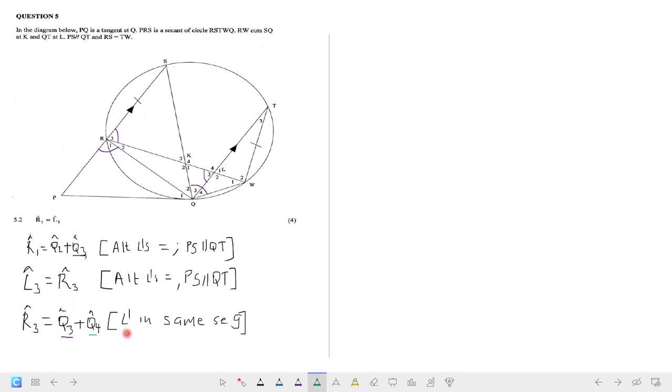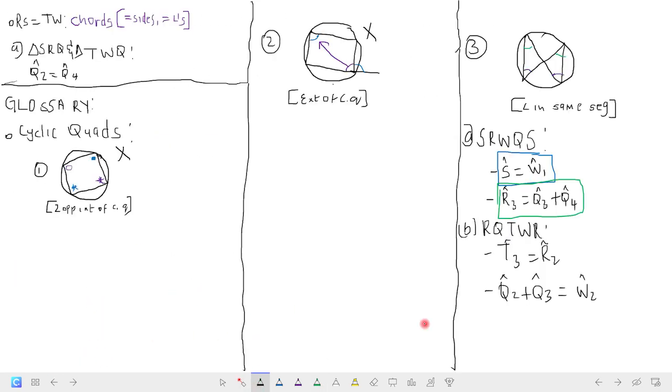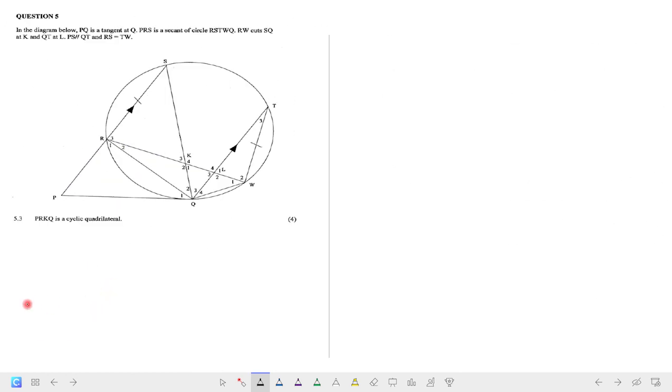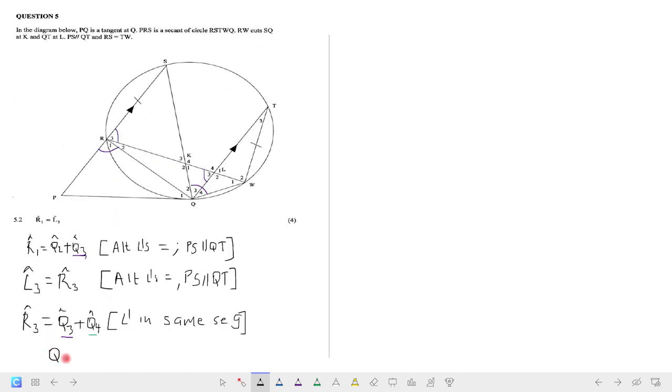So now I'm going to go back into the information. I'm just looking for Q4. There we go. Do you see how nice this is? Q4 is the same as Q2. Do you remember the reason? We said equal sides, equal angles. So this means Q4 is the same as Q2, right? The reason: equal sides, equal angles.